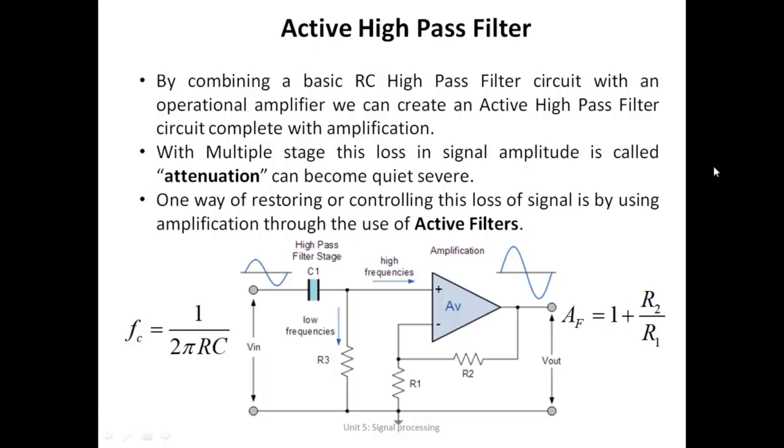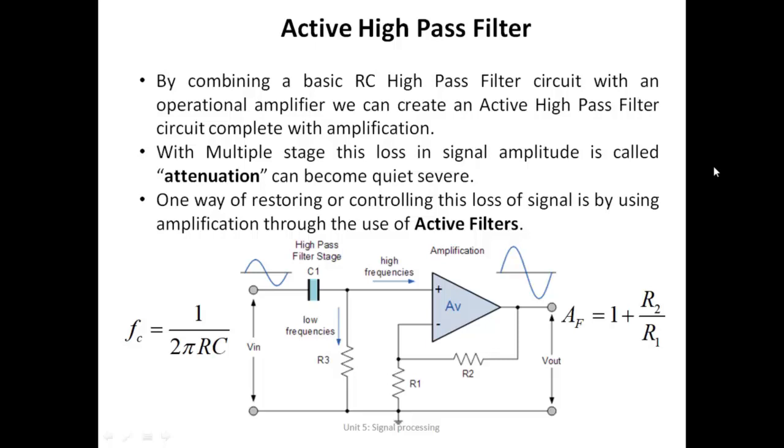Right. So just like we had studied in the active low pass filter, over here, when I make an active high pass filter, I am simply combining the basic RC high pass filter circuit with an operational amplifier. Okay. So at the first stage, I have a high pass filter, one capacitor and one resistance. And then the high frequency that is filtered out from that stage is fed into an operational amplifier at the positive input, and that creates an amplification in the magnitude by the factor 1 plus R2 by R1.